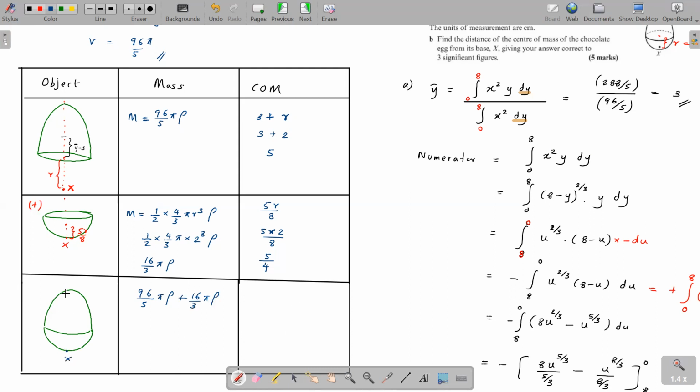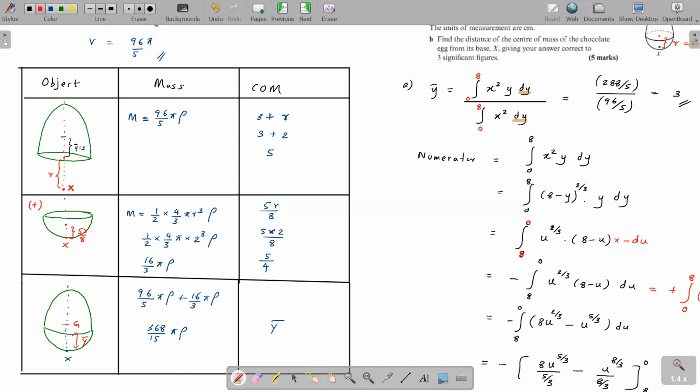What is the mass? 96 over 5 plus 16 over 3 is going to be 368 over 15. And the distance is y bar. I'm measuring from x, the distance to the center of mass, wherever the center of mass is, that is y bar.